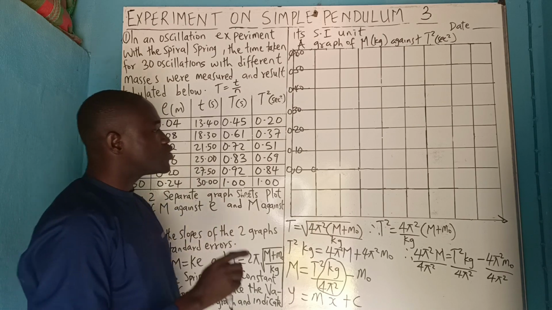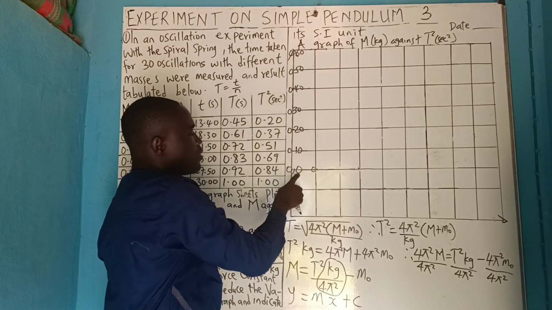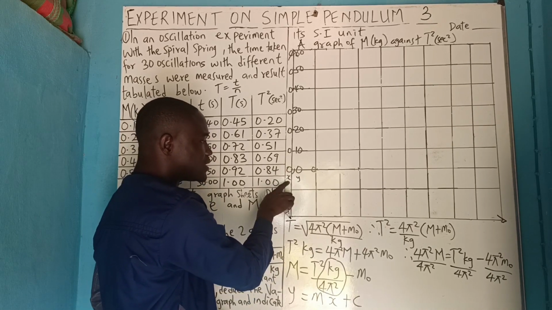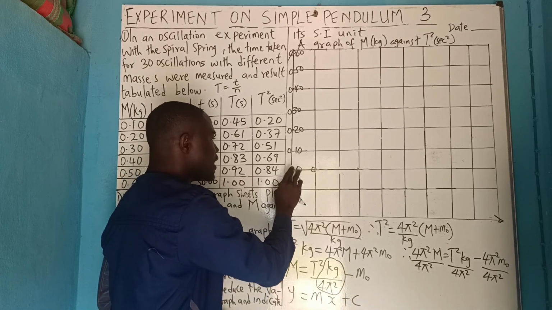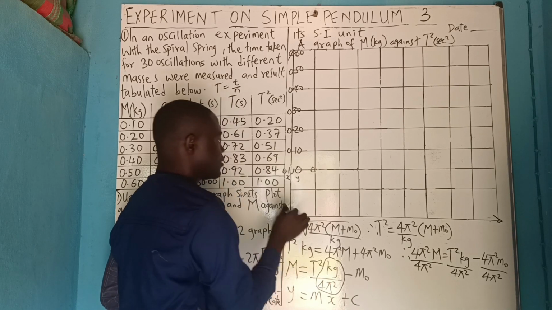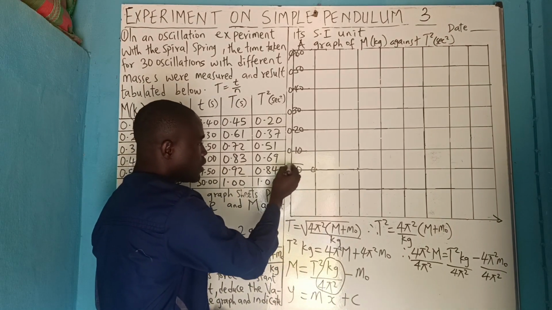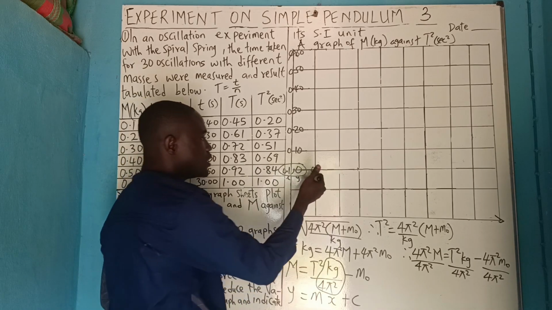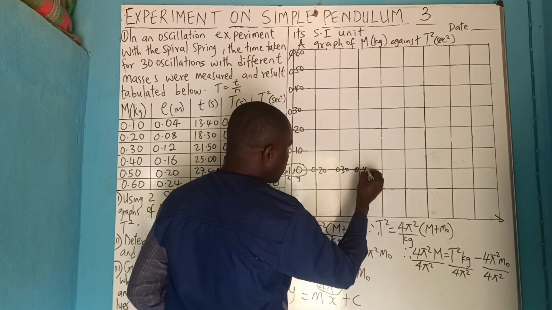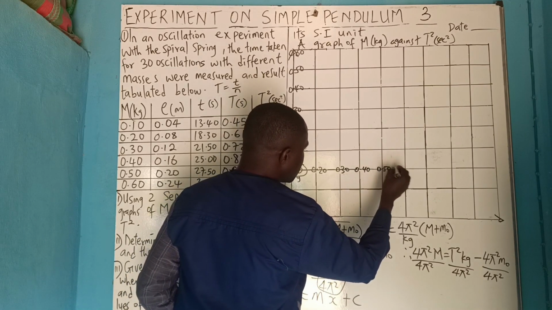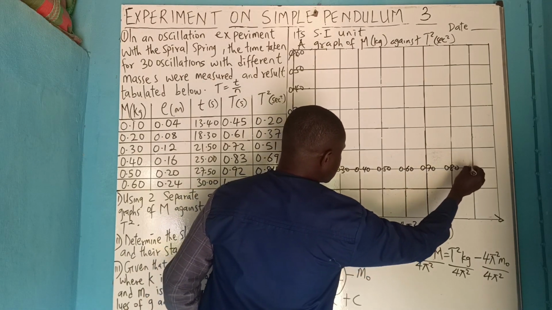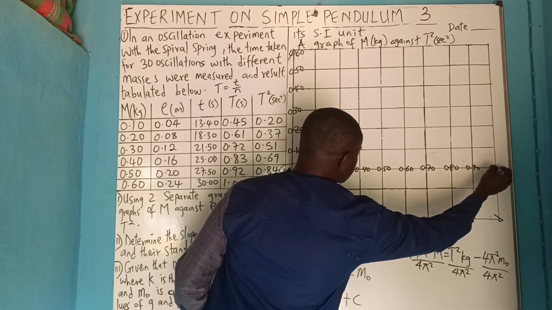So we started the y-axis from the origin, but the x-axis, the first is x, the second is y. So we say let the first, which is the x-axis, be 0.1 and let the y be 0. So this will become 0.2, 0.3, 0.4, 0.5, 0.6, 0.7, 0.8, 0.9, 1.0.